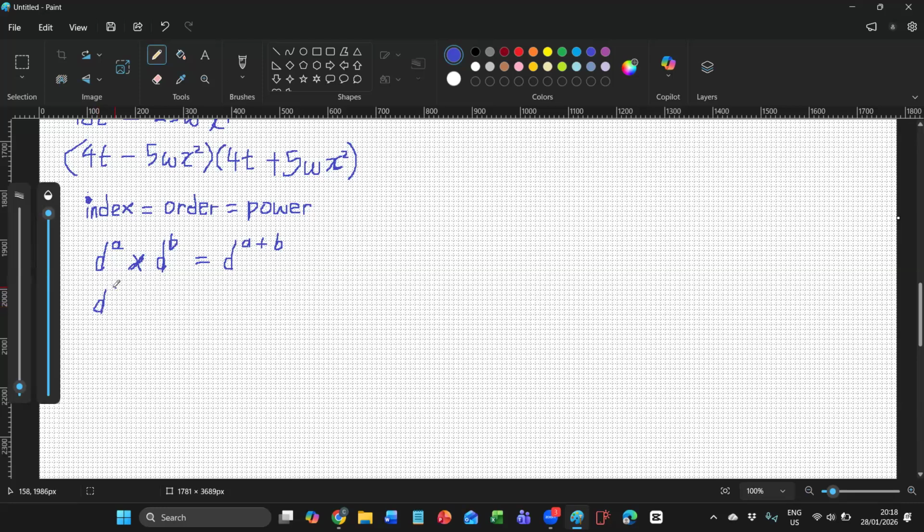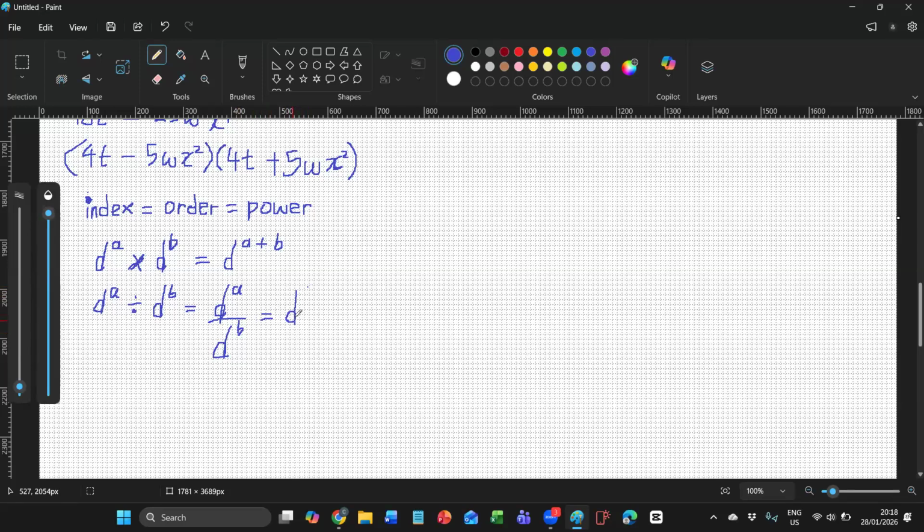Division. It says that when you have something like this, and I'm going to write it in different ways so that we are on the same page, you have D raised to the power of A divided by D raised to the power of B, which can also be written as D raised to the power of A divided by, that means that one is the numerator, D raised to the power of B, that it is by law of indices given by, take one of the bases, which is what?